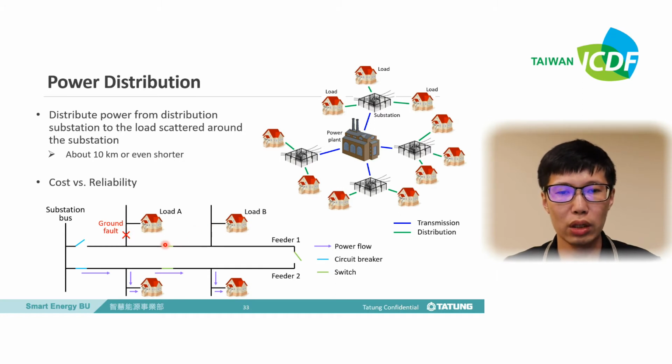We can open this switch and close this switch, and by doing so, the power can be supplied to load B like this. The power will flow from feeder 2 to feeder 1 and finally to load B. So load B can have power to use.